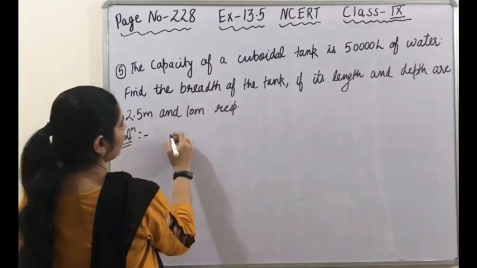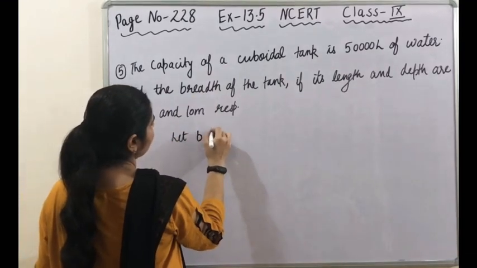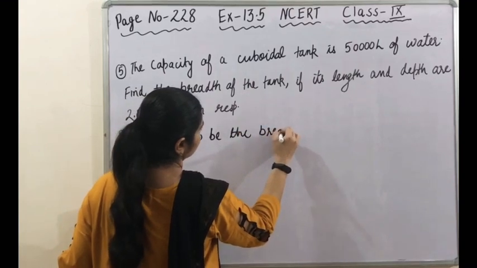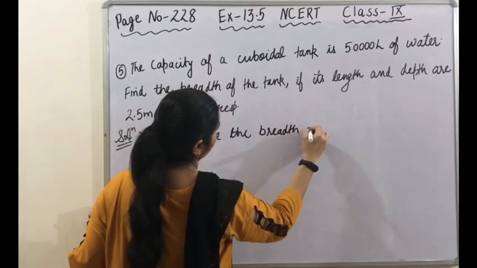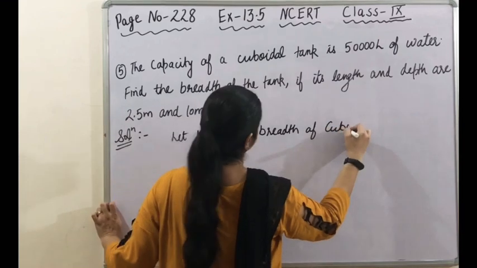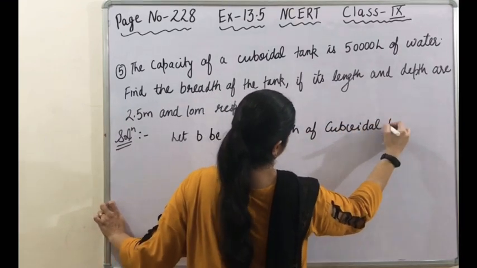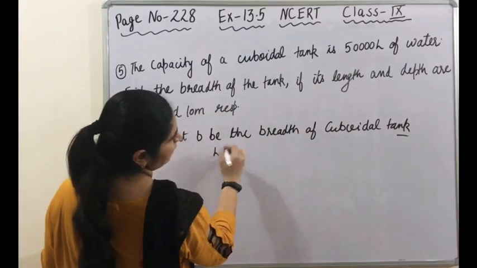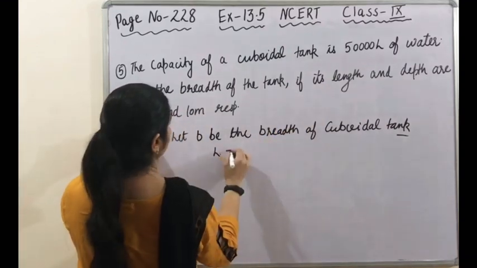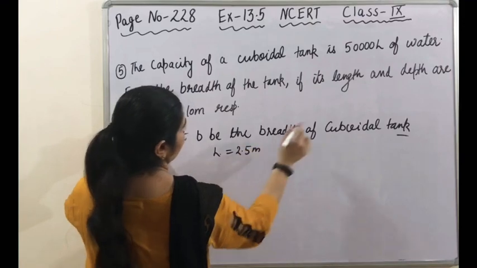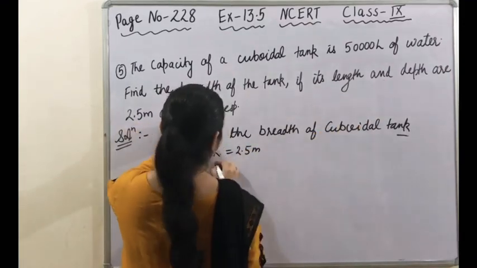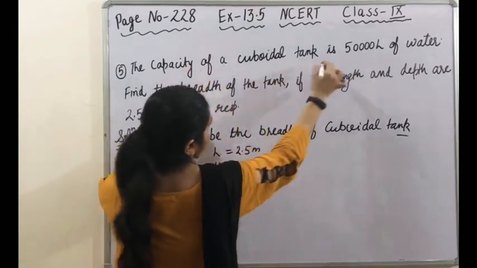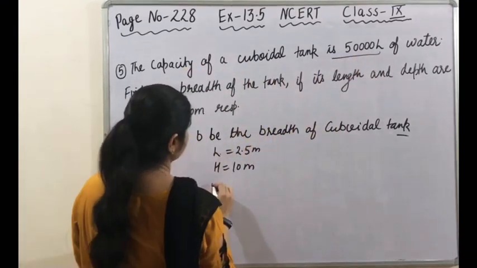Okay, we'll write, let B be the breadth of a cuboidal tank. Length is given as 2.5 meter, height is given as 10 meter, and capacity is also given, which is 50,000 liter.